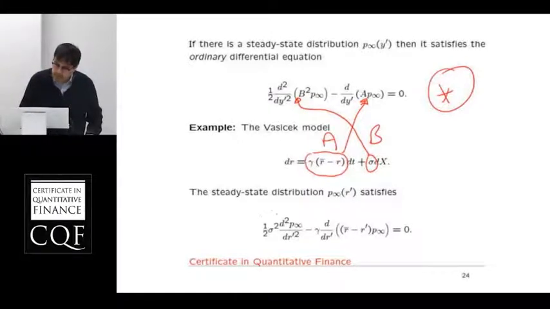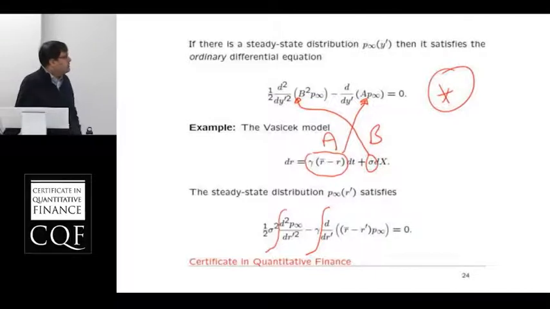So if we were to integrate, the first term becomes a first order derivative, and the second one stays a derivative, and then what we're left with is a first order differential equation.